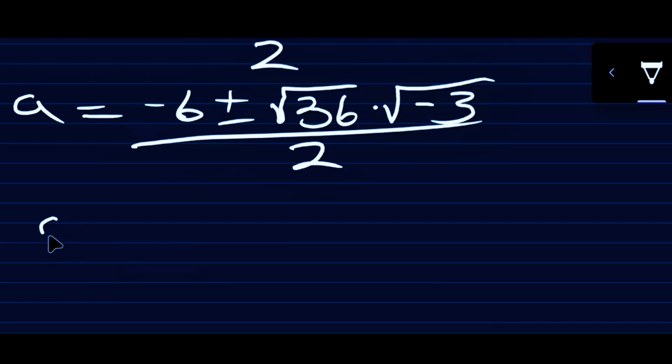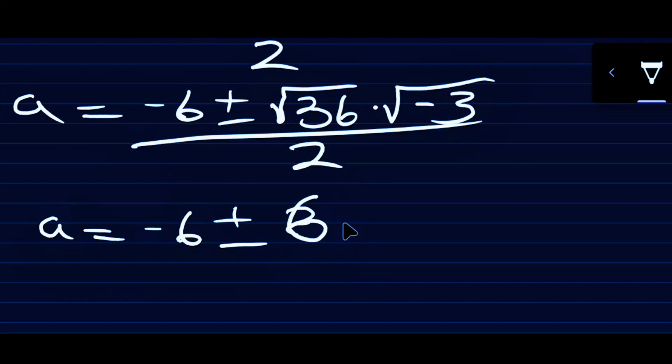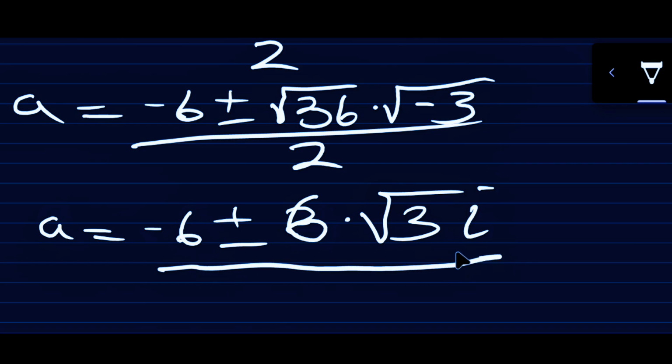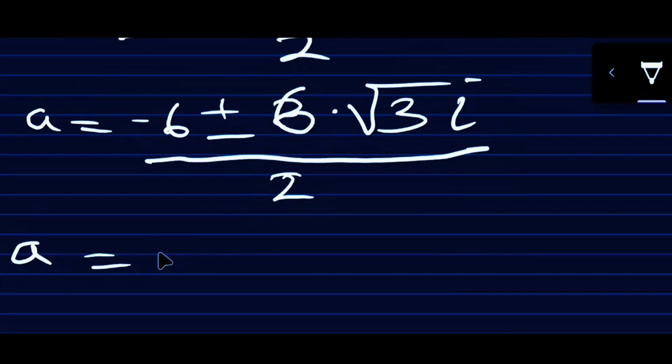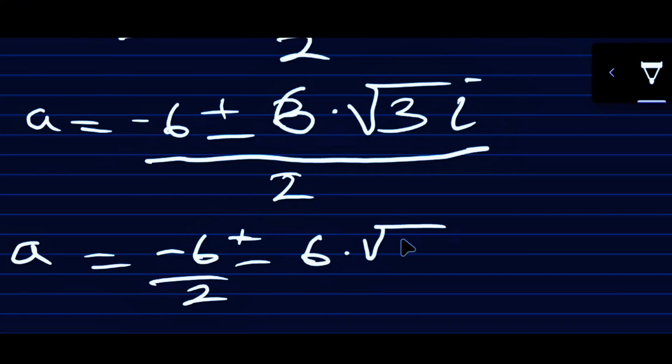So from here we have a to be equal to minus 6 plus or minus square root of 36 is 6, then times square root of 3i. Square root of minus 1 is not a real number, so we have to write it as i. So divide by 2. So from here, a will be equal to minus 6 plus or minus, we divide this 6 by 2, then 6 times square root of 3i, then divide by 2 as well.